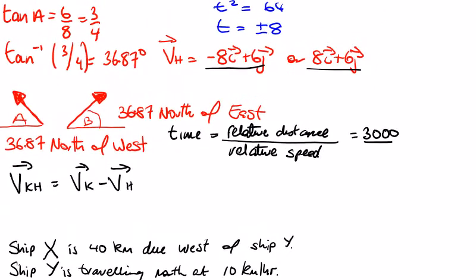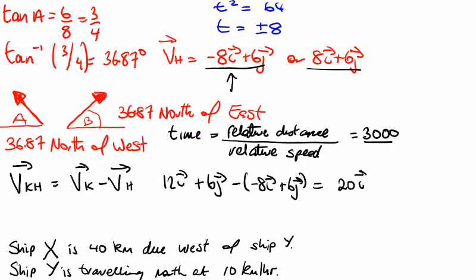So we're going to have 12i plus 6j minus, we do this one first, minus 8i plus 6j. That's going to give me 20i, the j's are going to cancel, and that will be meters per second. So for this one, 3,000 divided by 20 is 150 seconds.